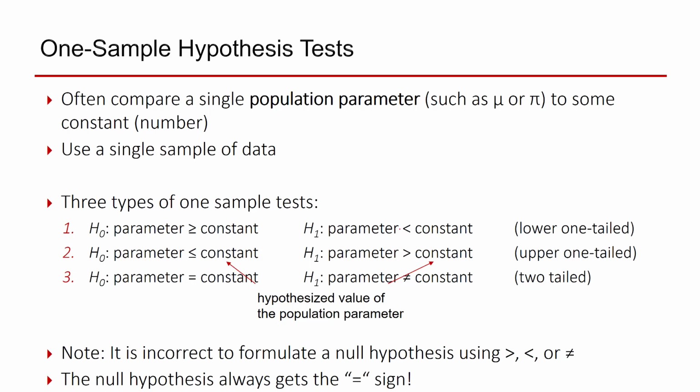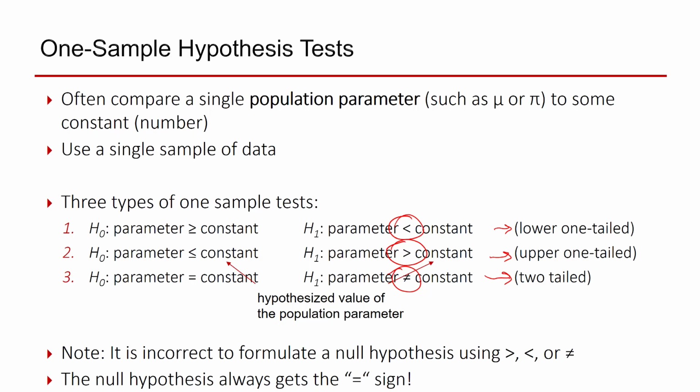You can either have the less than sign in your alternative hypothesis, the greater than sign, or the not equal to sign. Notice that when you have the less than sign in your alternative, we call that a lower one-tailed. When you have the greater than sign, we call that the upper one-tailed. And when we have the not equal to, we call that a two-tailed.